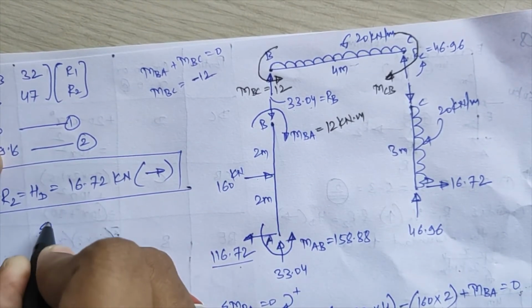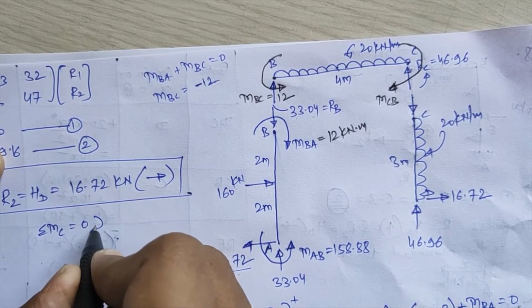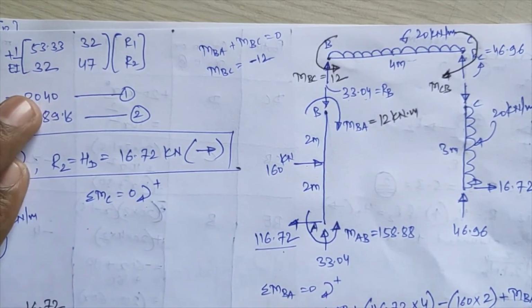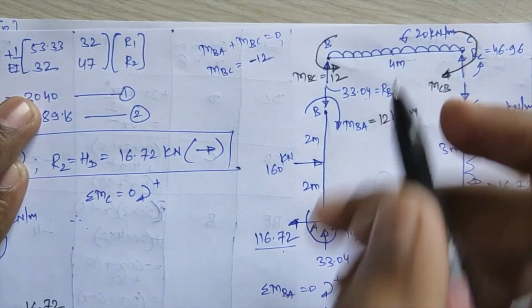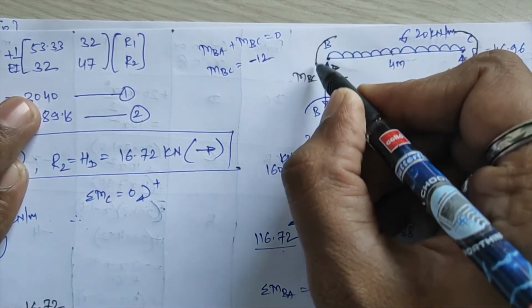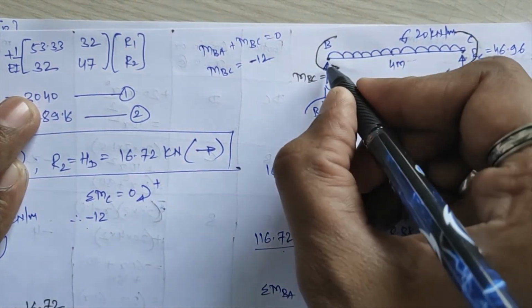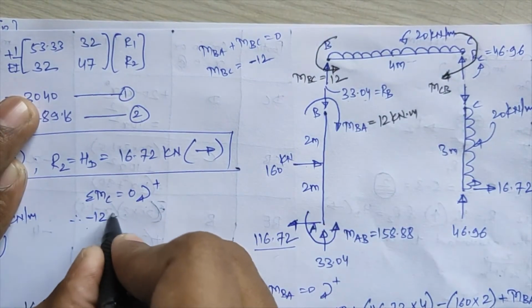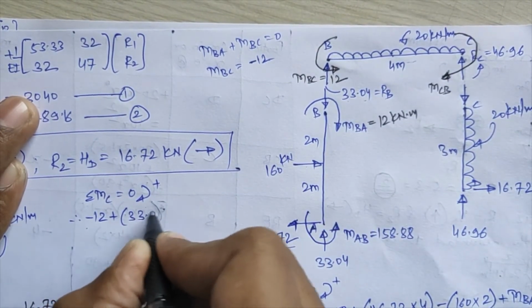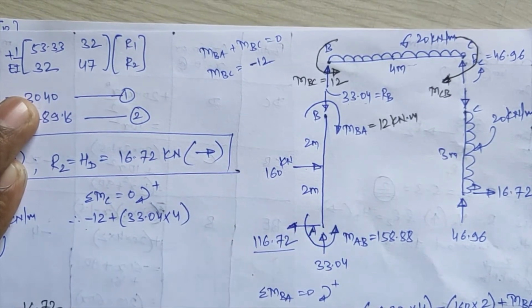Suppose I take moment at joint C equal to 0, again treating clockwise moments as positive. So what expressions will I get? You have to take moments only in the member BC now. So moment of first MBC, that is anti-clockwise, minus 12. Next, moment of this vertical point load 33.04 will be clockwise in nature, so plus 33.04 multiplied by its lever arm, which will be completely 4, right?